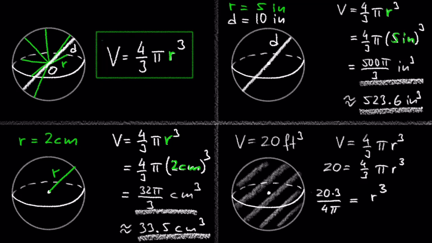Recall that dividing by a fraction is equivalent to multiplying by the reciprocal. How can we get rid of the 3 here? We are going to take the cube root from both sides.